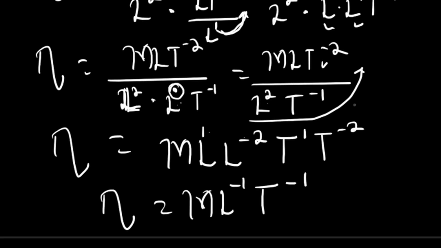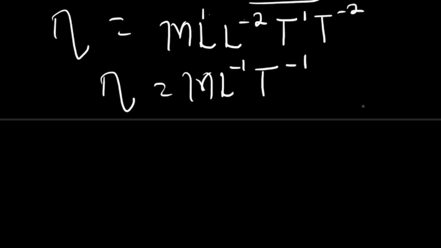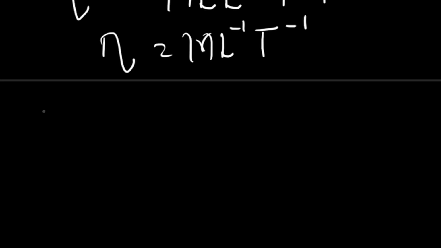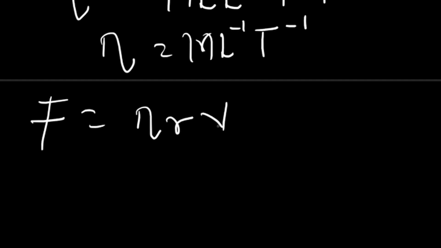Okay, having found the respective dimensions, we can now start solving the problem. So here we have that the force is equal to viscosity, the radius, and then the velocity. So wherever I see F, I'm going to put its dimension. The dimension for force is giving us M L T minus 2.